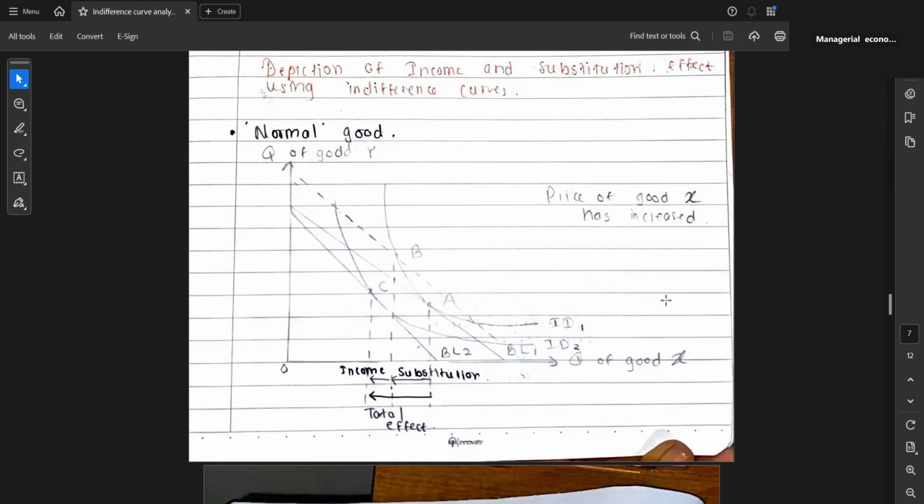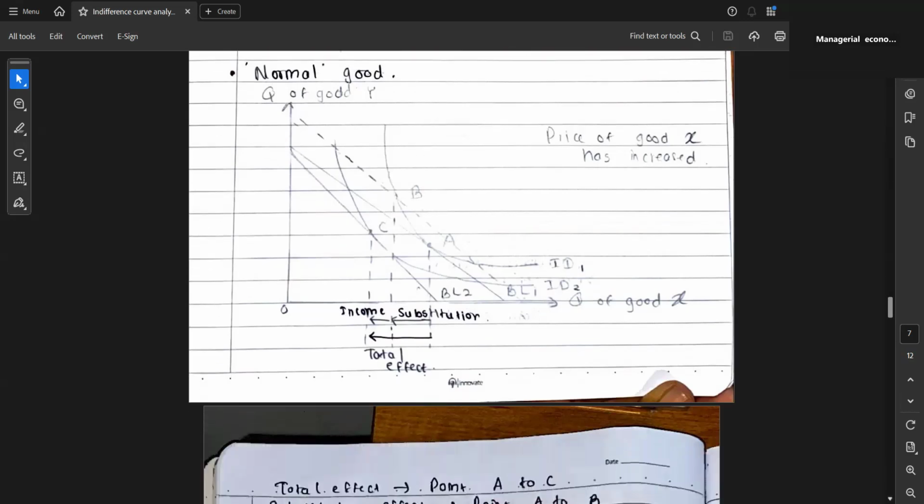From point B to point C, that is the income effect. Because you do not have the real income, the means to purchase bundle B, you have to move to bundle C. The combination of those two effects is known as the total effect.